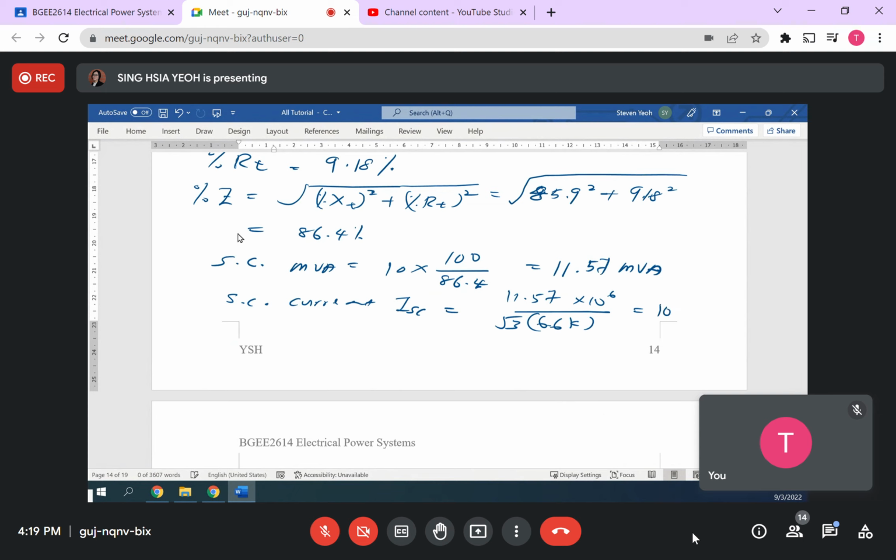So you get 1012 A. So this is the short circuit current. Are you okay? This is the answer for this question.